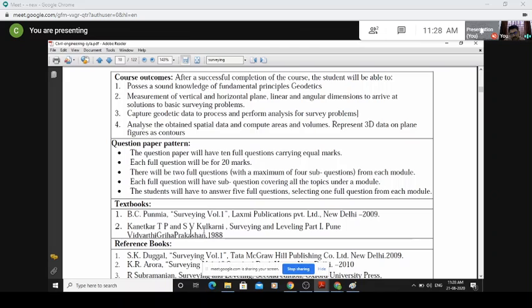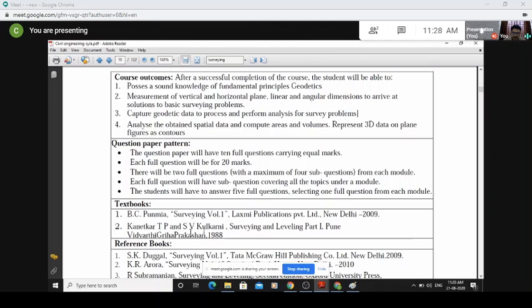You need to answer one full question, taking one from each module, right? You should not write 2 questions from a single module. There will be an OR option. So you need to select one question from every module and answer for 100 marks, right?